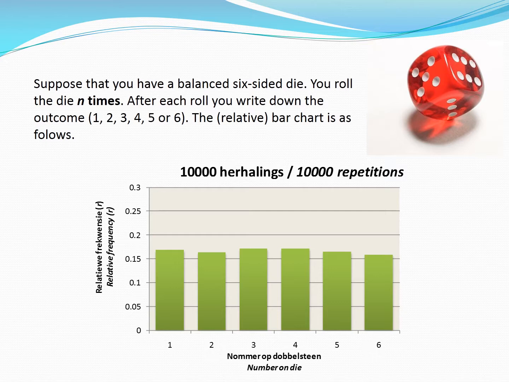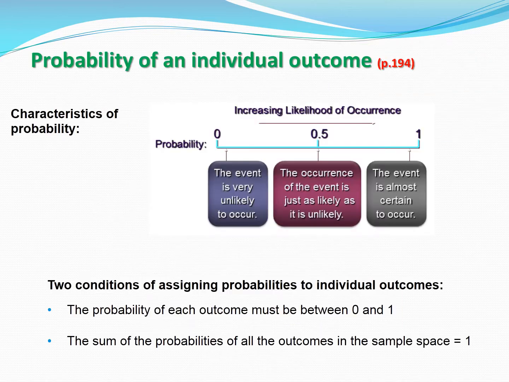So for 10,000 repetitions, for instance, you can see that the relative frequency for each of the values on the die is more or less 0.16.